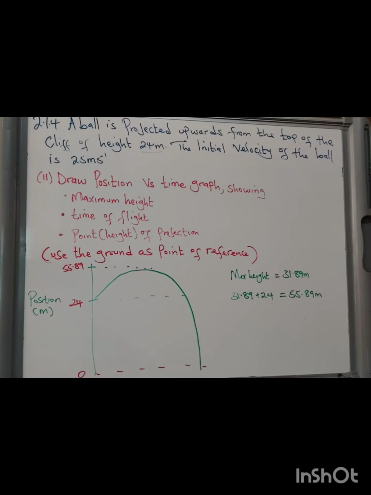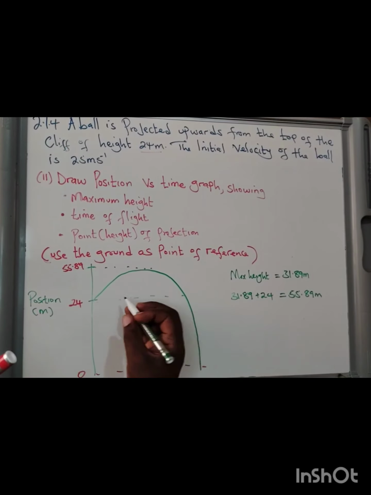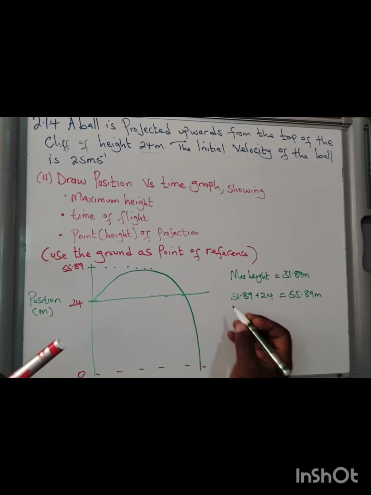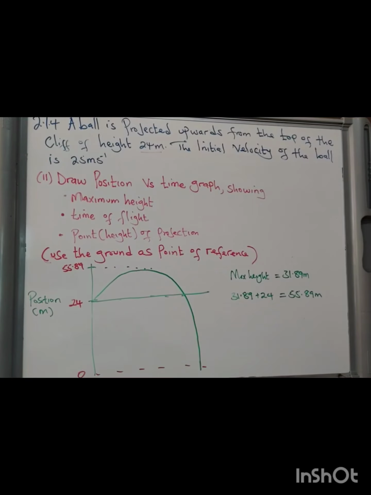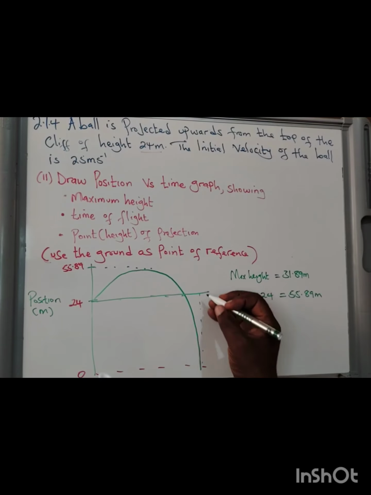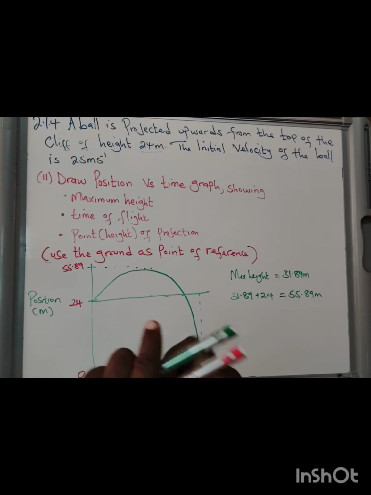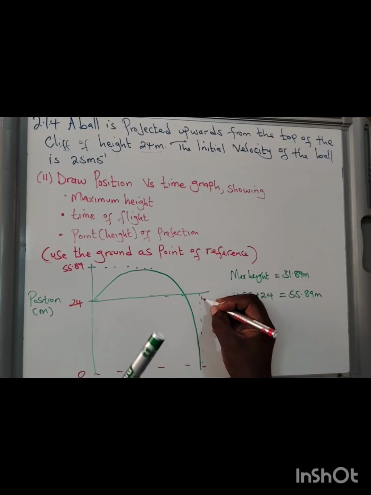Okay, what else are we missing? We are missing the time. Let us see what time was calculated. So the time was calculated and it is 5.92, which means that if you check for this time here, this is going to be 5.92.